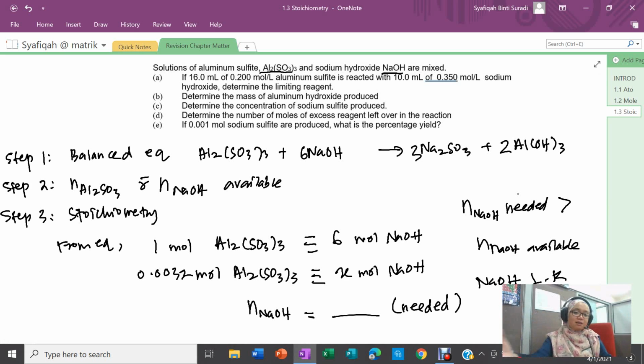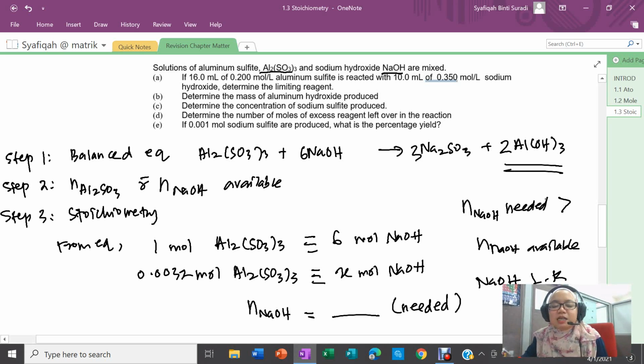Okay, katakanlah kan, soalan A ni dia tak tanya. Dia terus tanya soalan B. Dia kata determine mass of aluminium hydroxide produced. Macam mana? Sama juga.